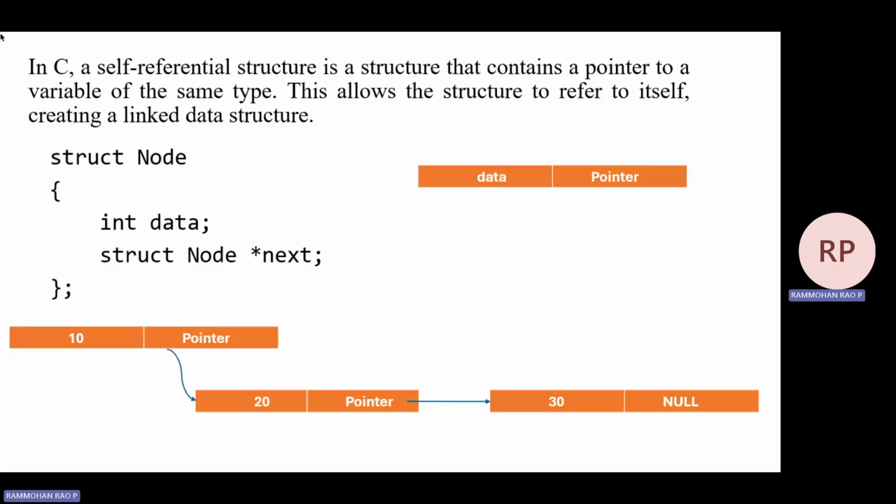So friends, whatever you are seeing on the screen, 3 data nodes, 10, 20, 30, along with their pointers, that is what we have actually created now using self-referential structures. So friends, this is all about structures in C language, one of the very important concepts in C, and a lot of user-defined data types you create using structures, and hence structures are very, very important.